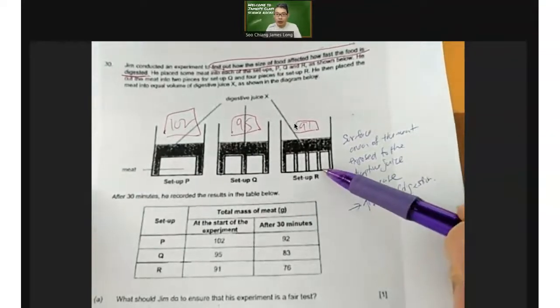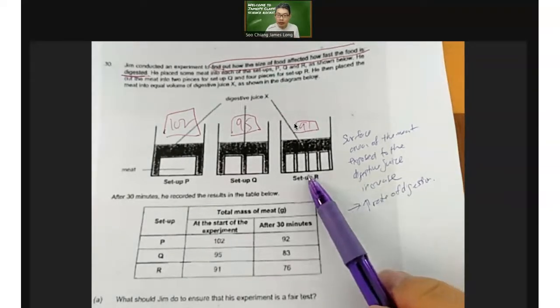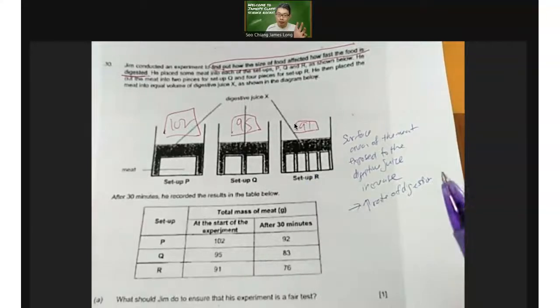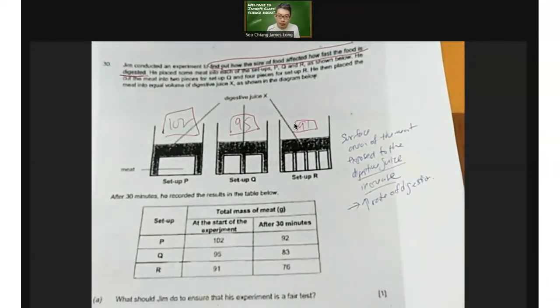The idea is like, when you chew food in your mouth, your parents and your teachers always remind you to chew your food properly before you swallow it. The idea of chewing it into smaller and smaller pieces is to increase the exposed surface area of the meat. Don't get confused with evaporation, it's not. To increase the exposed surface area of your food that is exposed to digestive juices. So you will speed up the digestion process.